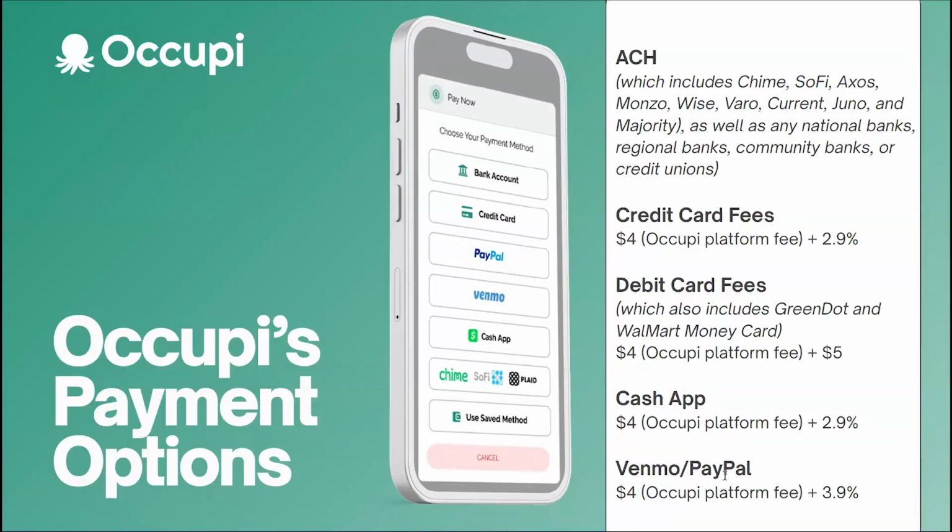We do require that the residents, if they're using a cash wallet such as Cash App, Venmo, or PayPal, use the corporate payments, and what I mean by that is corporate payments in lieu of just friends and family payments, so that they can make that transfer, make that payment. And so that ensures that those funds are insured, that we get support from their team, and that they get access to all of the physical locations to make those cash deposits.